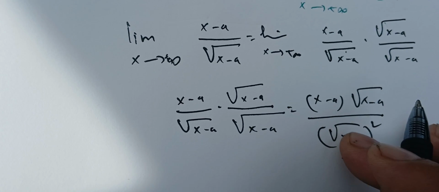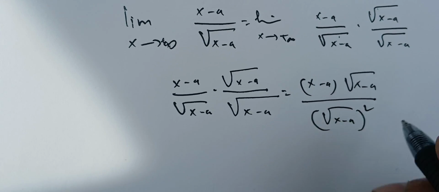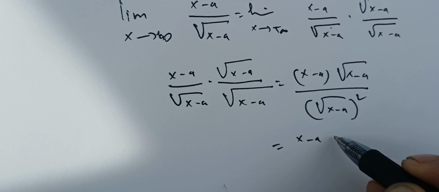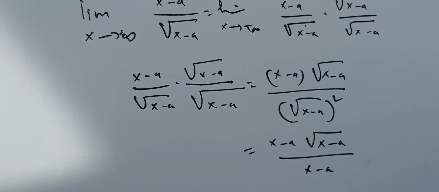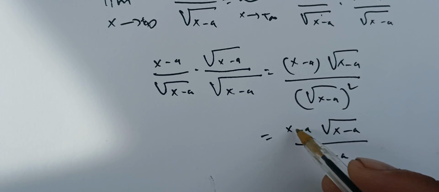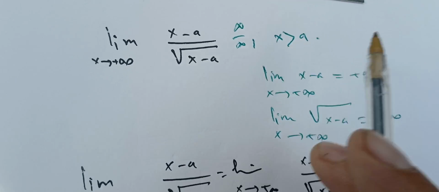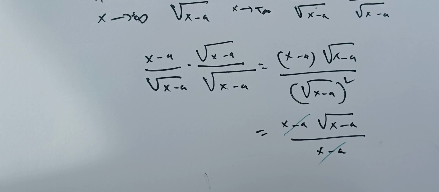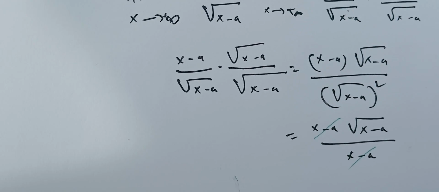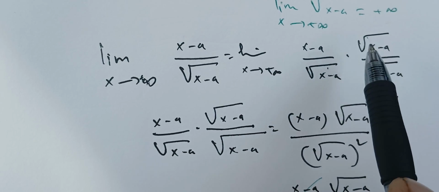This is a positive value, and when we square it, we're going to get x minus a. So we're going to have x minus a times the square root of x minus a over x minus a. Now this value is positive, because we are assuming that x is bigger than a, and it's never 0, so we can cancel out by this value.